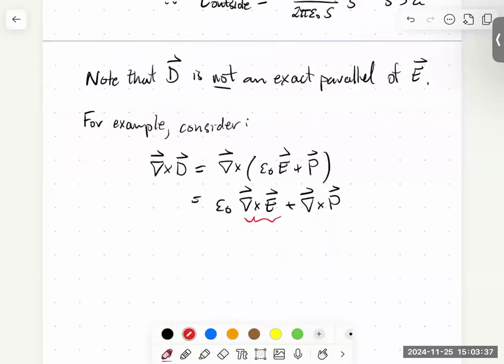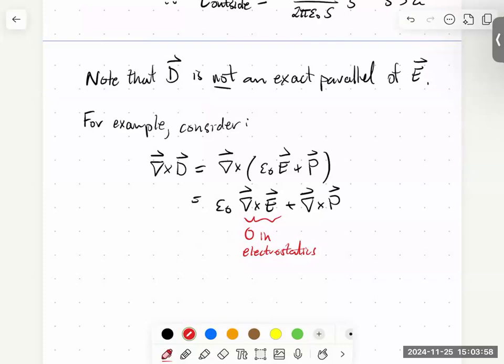So this is 0 in electrostatics. Right, we since revised that, with the curl of E equal to minus dB/dt if we have changing fields. But in electrostatics, it was equal to 0.